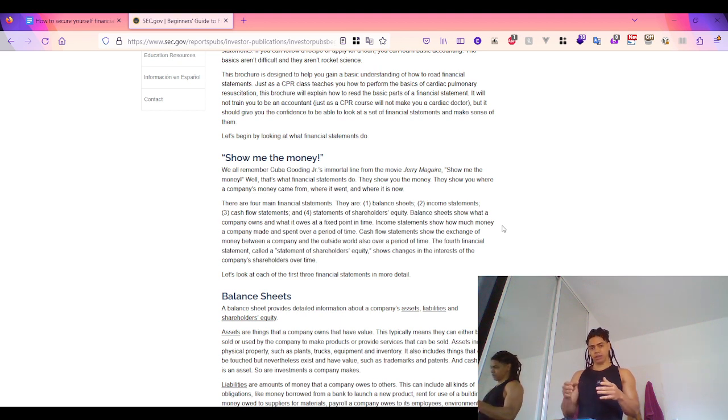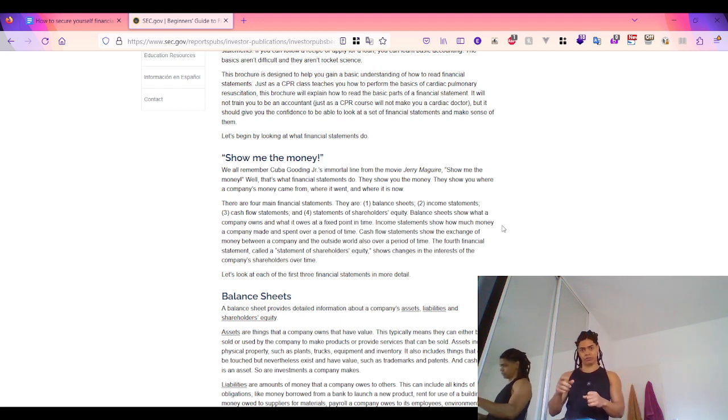And equity, or shareholders' equity, is the total amount of money that the owners of this company invest in the company stocks, plus or minus its benefits or losses since inception.